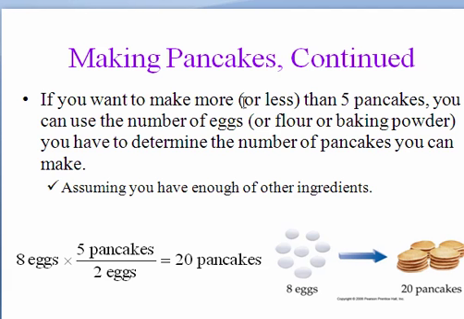Now, if we wanted to make more or less than 5 pancakes, we can use the number of eggs or the amount of flour or baking powder we have to determine the number of pancakes, assuming we have enough of the other ingredients. So let's assume that in our pantry we have 5 bags of flour and 10 cans of baking powder. We have more than enough flour and baking powder, but we only have 8 eggs and we have company. How many pancakes can we make?